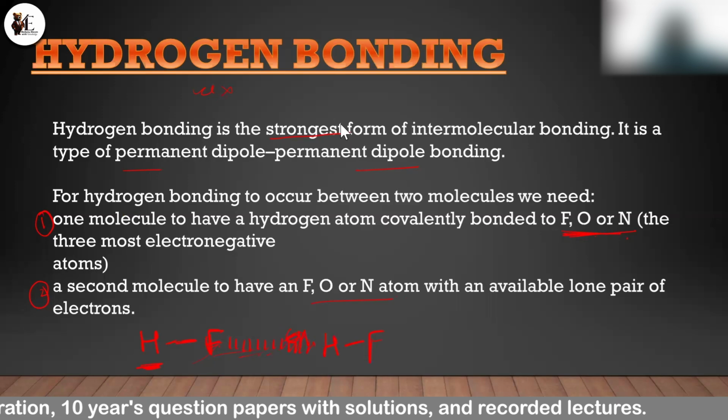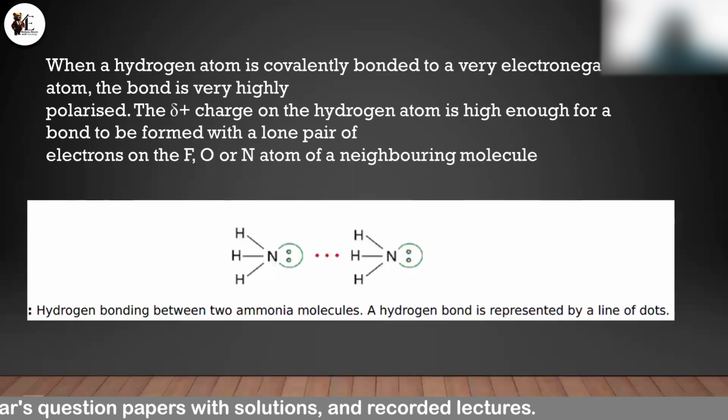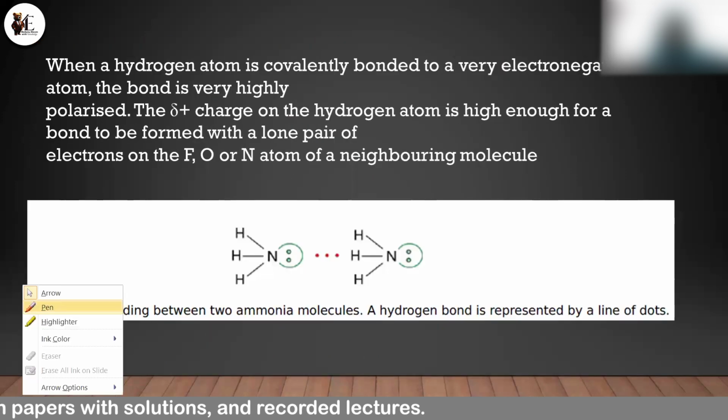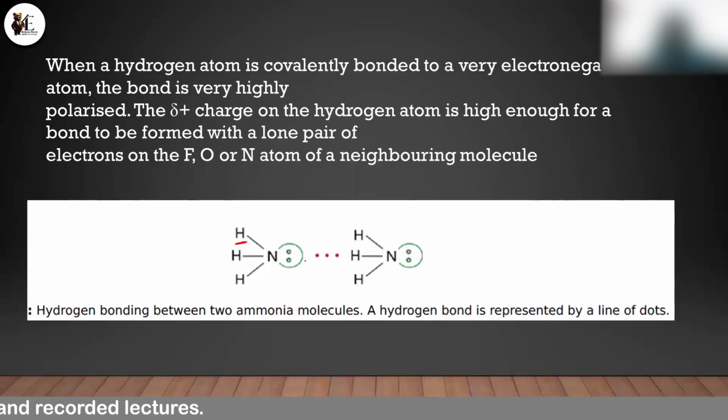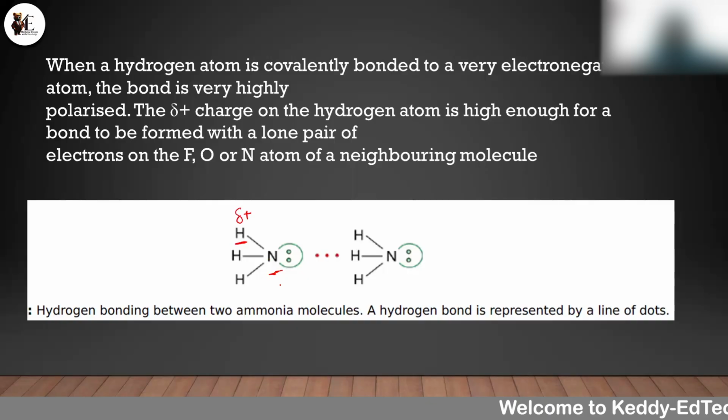See, there is an example of hydrogen bonding: NH3. Here the hydrogen atom is covalently bonded to a very electronegative atom, nitrogen. So the bond is polarized, right? Hydrogen has a partial positive charge, and nitrogen, being electronegative, has a partial negative charge.